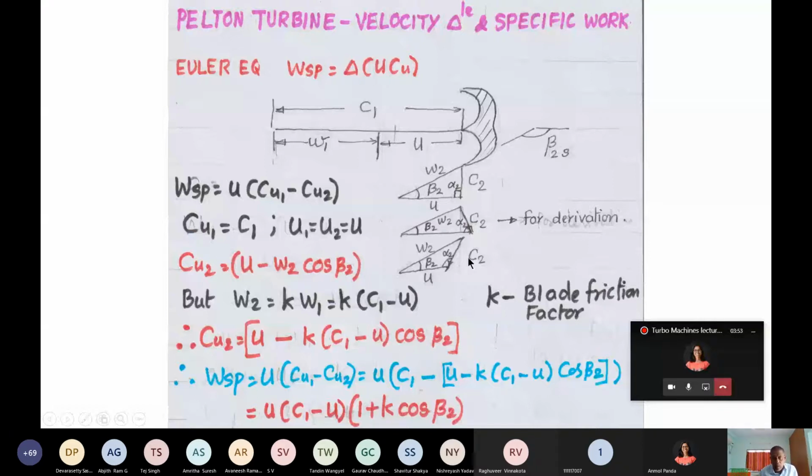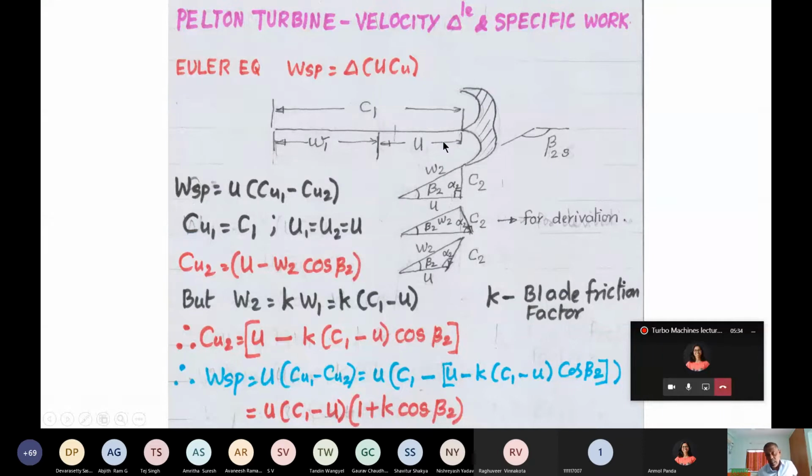So Cu2 can be written, taking the second velocity triangle at the exit, as U, the blade velocity, minus W2 cos beta 2, where W2 is the relative velocity at exit. This W2 is the same as the relative velocity at inlet.